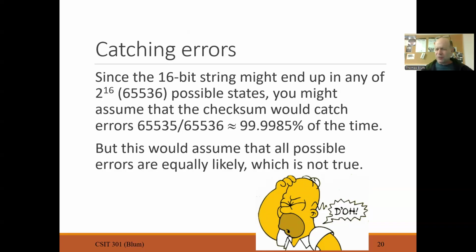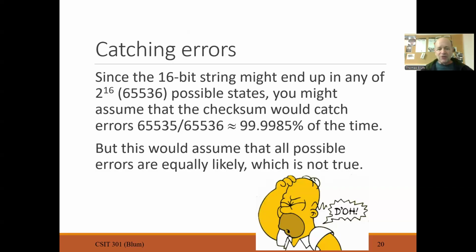So if the errors were just random, then if there were an error, you would expect to catch it 65,535 out of 65,536 times or so. So you would expect to catch any error that did occur 99.9985% of the time. That's if errors are random.